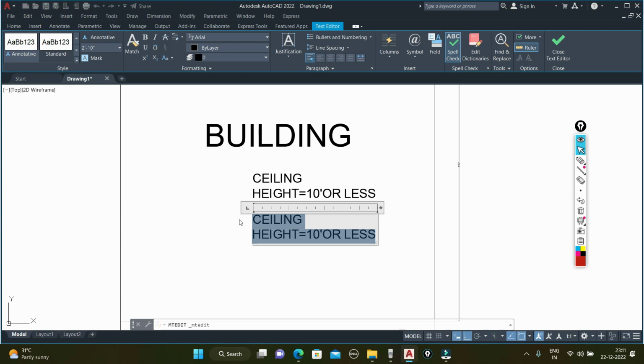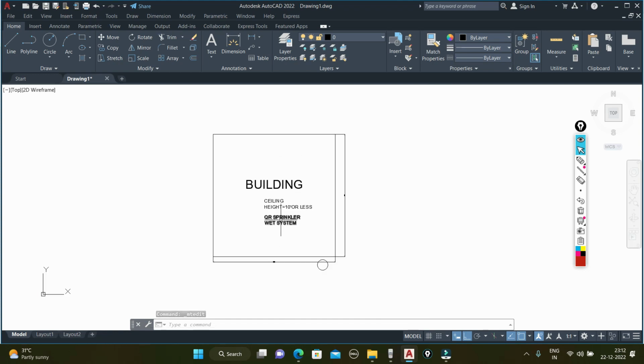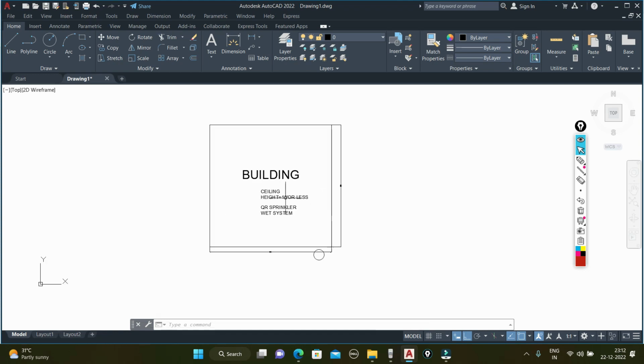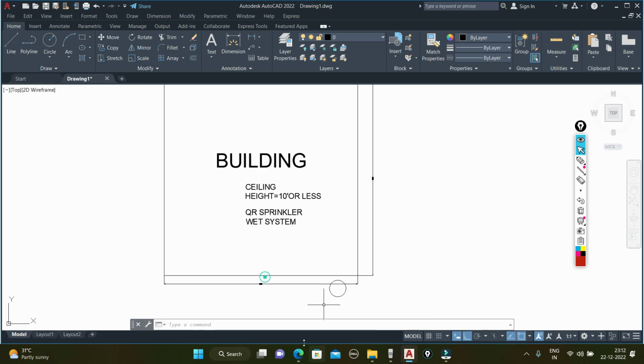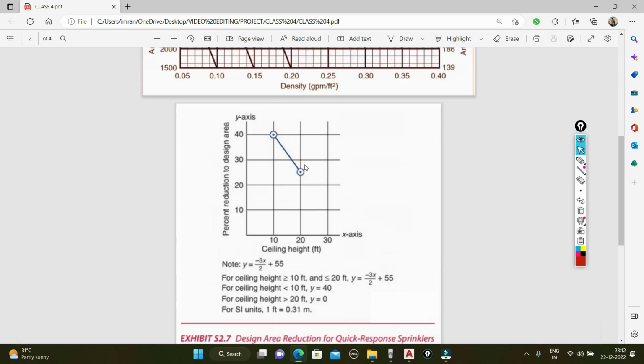If this is a quick response sprinkler and also a wet system, then this area of operation will vary according to this graph.